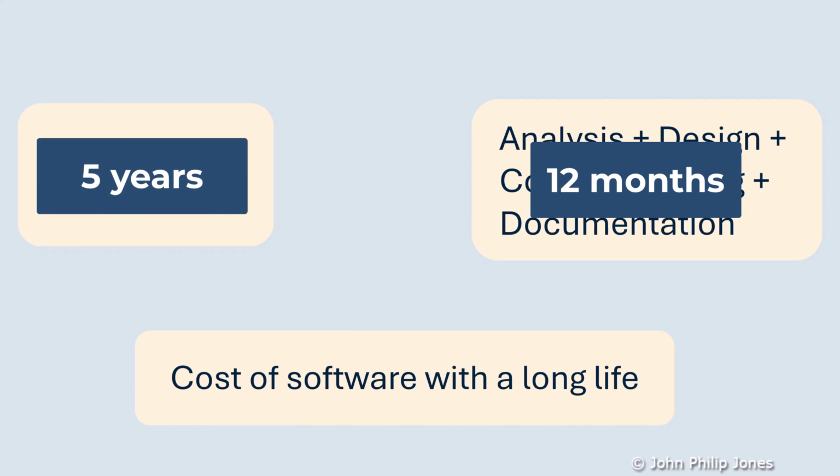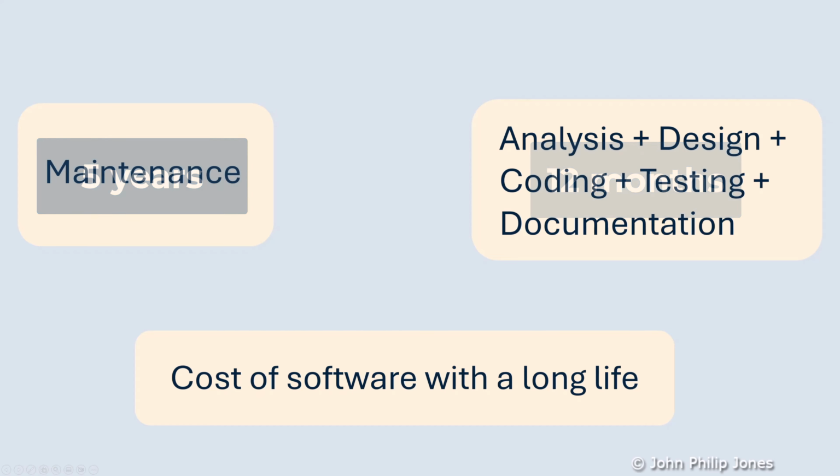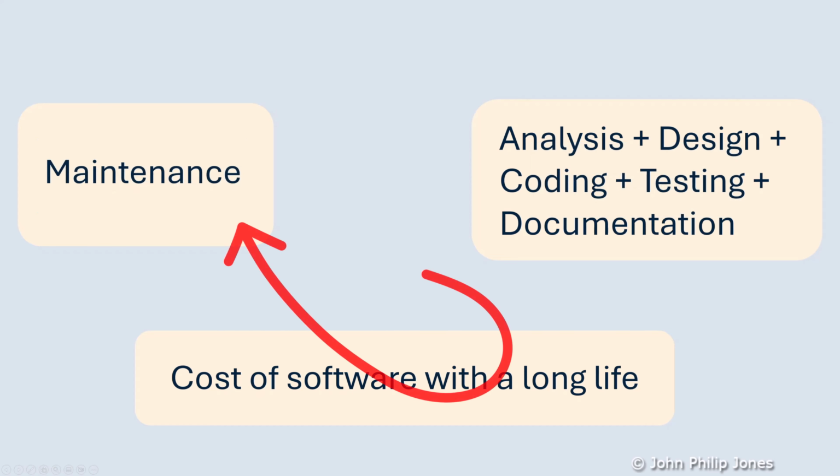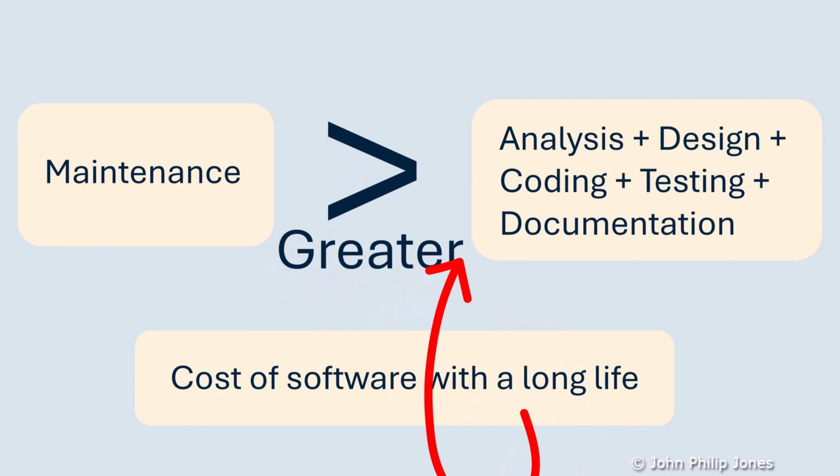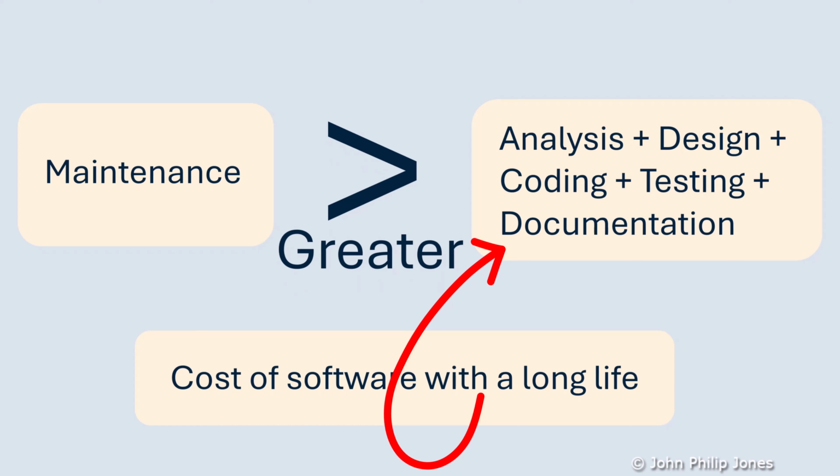So we need to consider the overall cost of this. For lots of projects, it is the case that the maintenance phase, in terms of how much money is spent by the software house to keep the software working, can actually be greater than the 12 months it took to develop the software in the first instance.